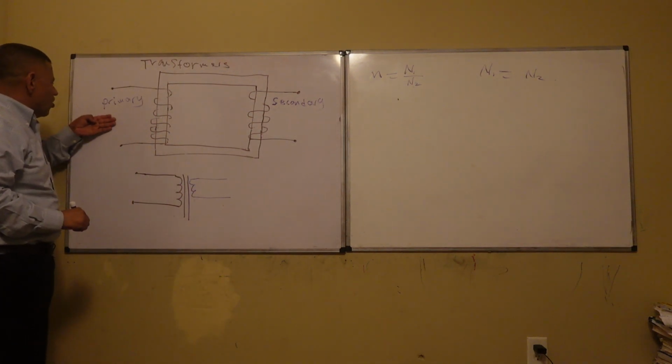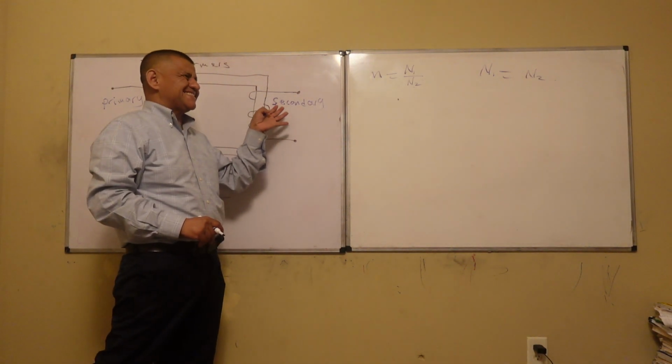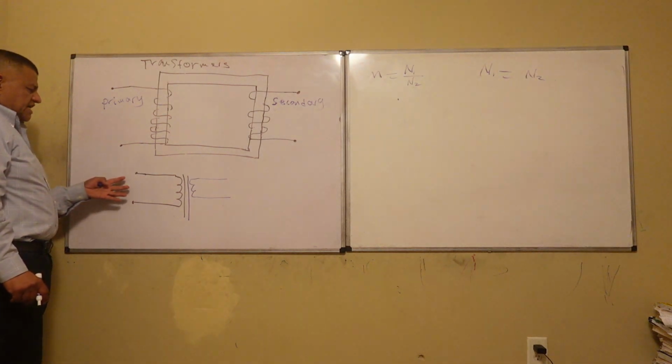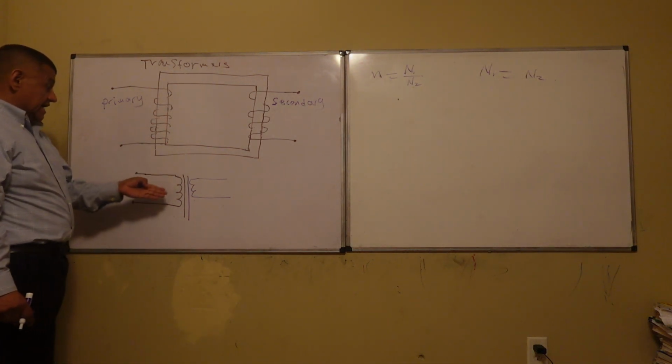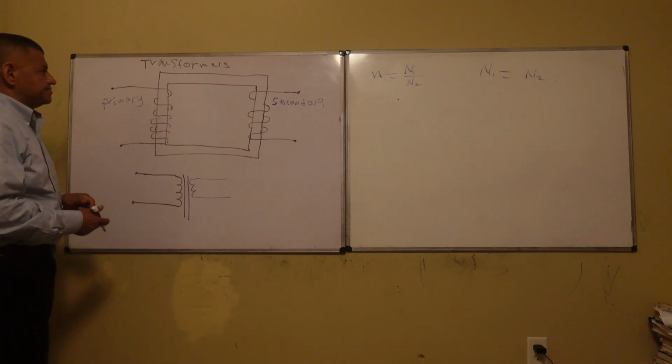I get more turns over here and less turns over here, so therefore it's a step-down transformer, right? Same thing over here. This is how you do it in the drawing, this is how you see it in the textbooks.